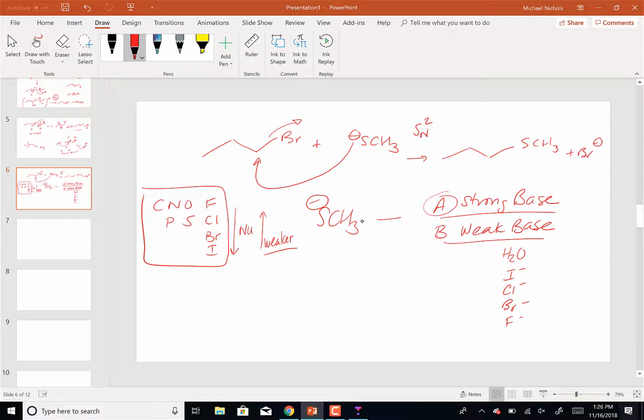Those are all basically good leaving groups. Is OH a good leaving group? No, because in order to make OH leave, we've got to protonate it first. How about an OR group? Good leaving group?